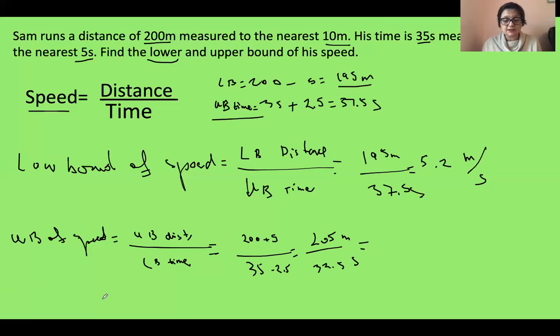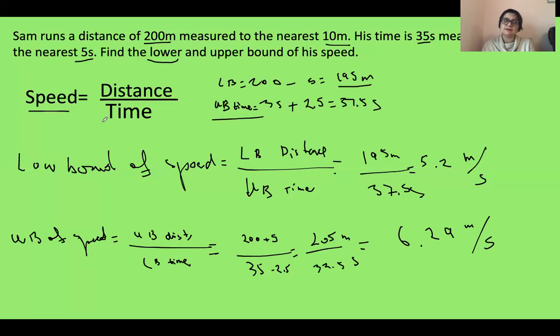The answer is going to be roughly 6.29 meters per second. So this is the upper bound of the speed. So yeah, be careful. The formula is the one that decides.